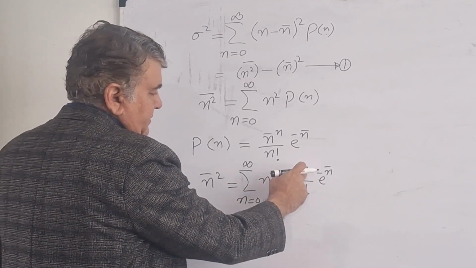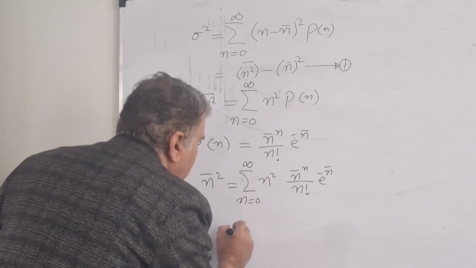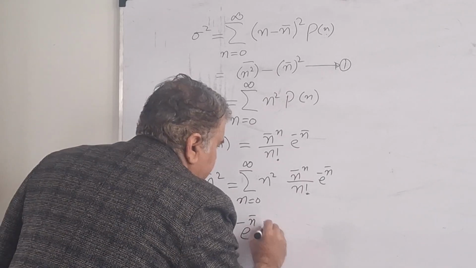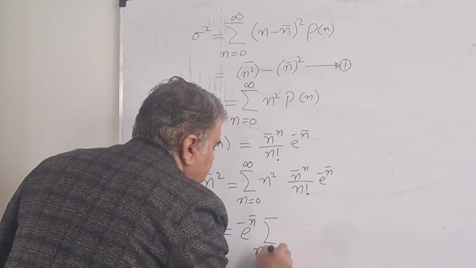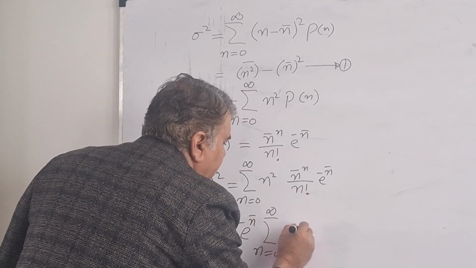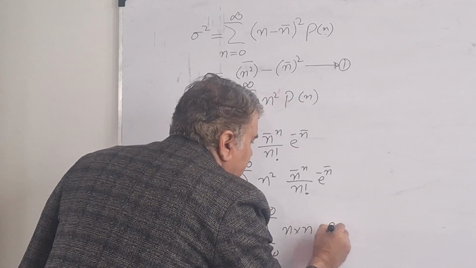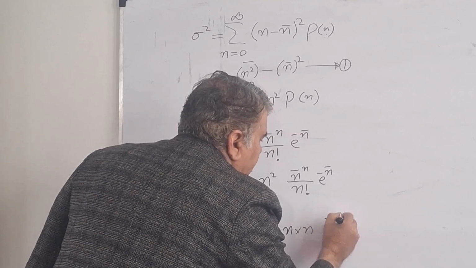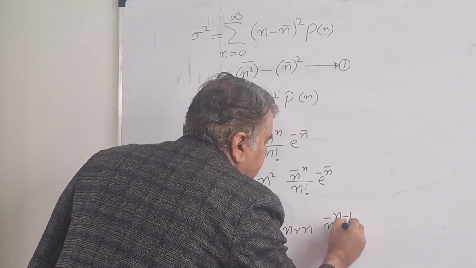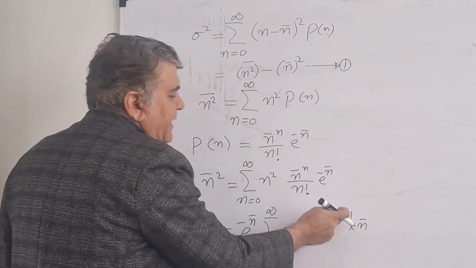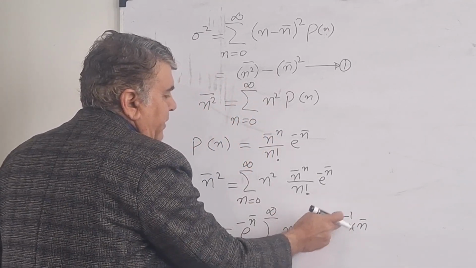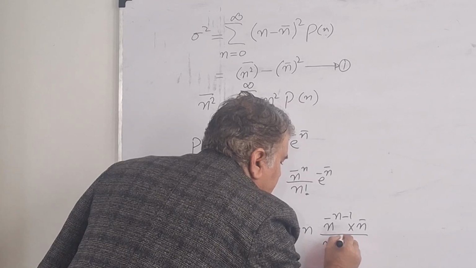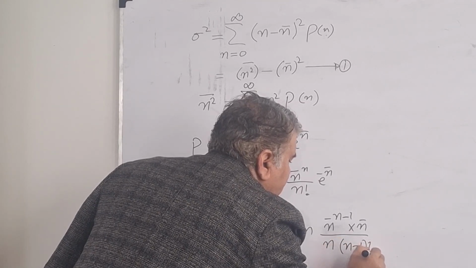I write exponent minus n bar times the sum over n equals 0 to infinity of n times n, and here I take n bar to the power n minus 1 times n bar, that is, I add a 1 and subtract a 1 in the power of n and then separate them, and then I write n times n minus 1 factorial.